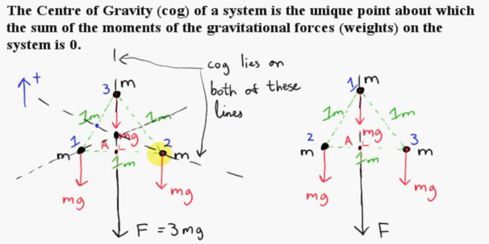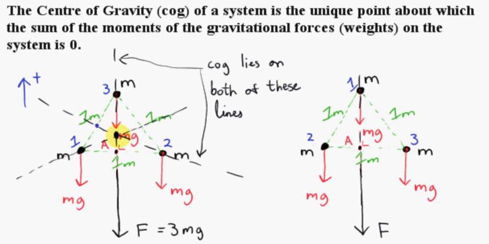If we draw in any two medians of our triangle, so the triangle doesn't have to be equilateral, providing we have identical masses at the corners, then the intersection of two of the medians is the center of gravity of the system. So a median is just a line got by connecting a corner of the triangle to the midpoint of the opposite side.